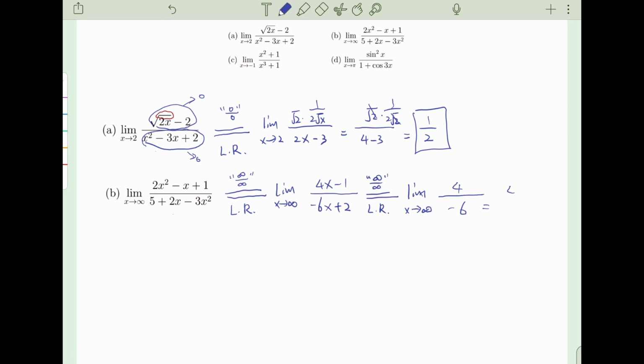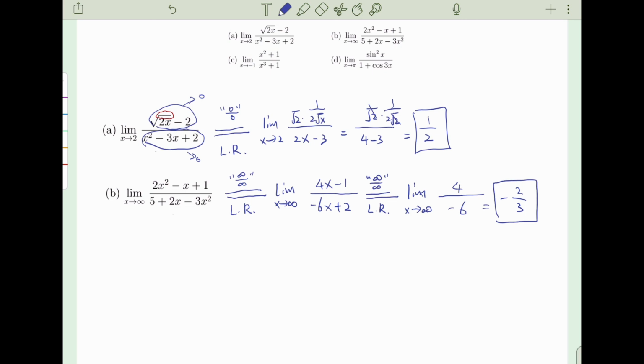So it's equal to negative 4/6, which is -2/3. Very simple, right? Just take the derivative directly every single time. But before doing so, we make sure that both the bottom and the top are going to infinity. That's the first assumption that allows us to use the L'Hopital rule.